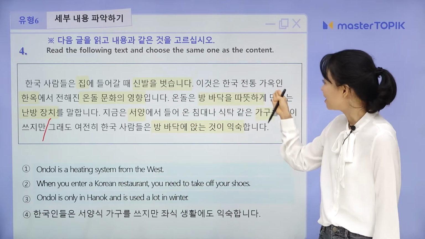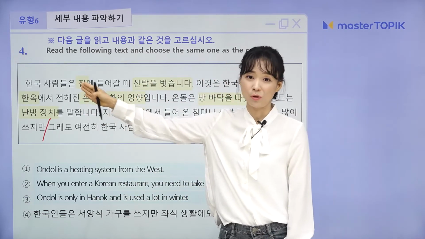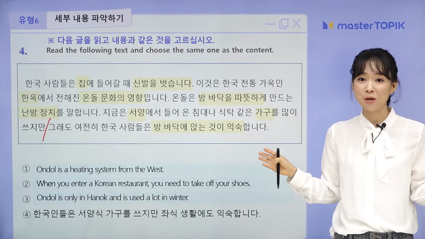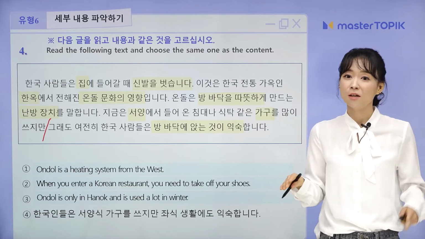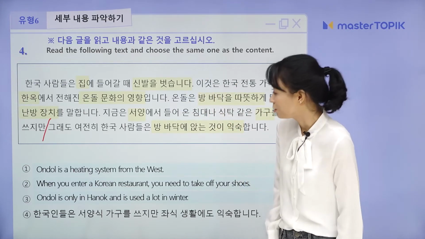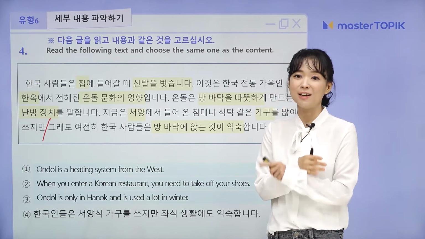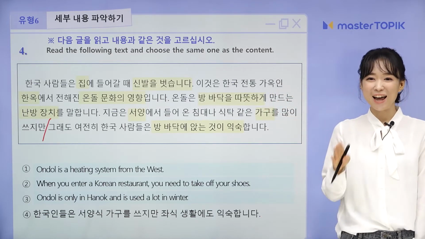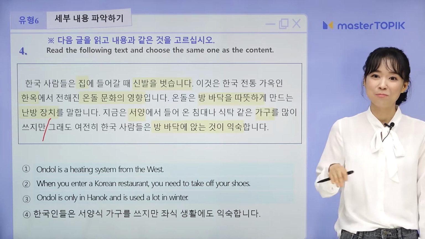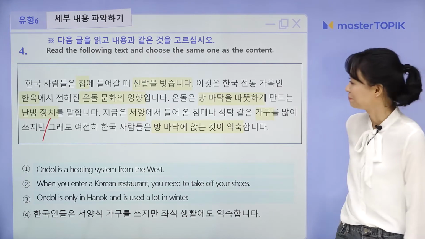Well, they say it's from Hanok. So they may use it in modern houses, like westernized houses, like apartments. It didn't say they only use it in Hanok. So number 3 is wrong. And in reality, we have this heating system even in apartments and modern westernized houses.